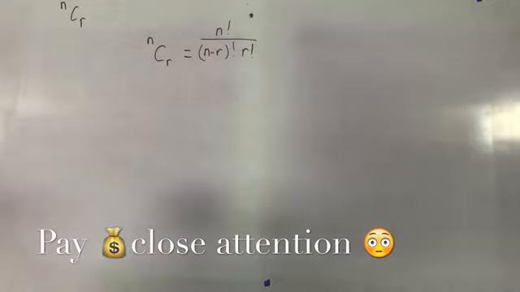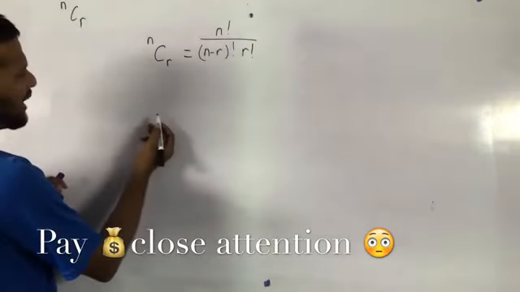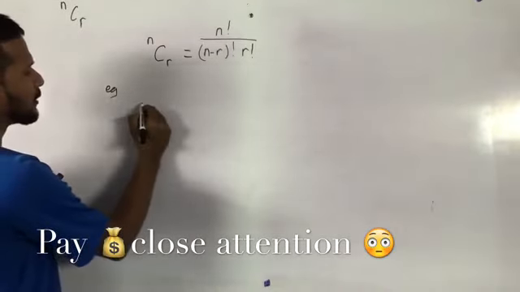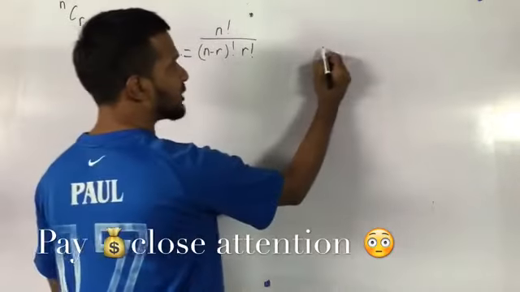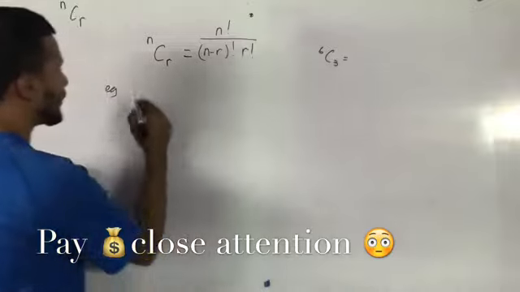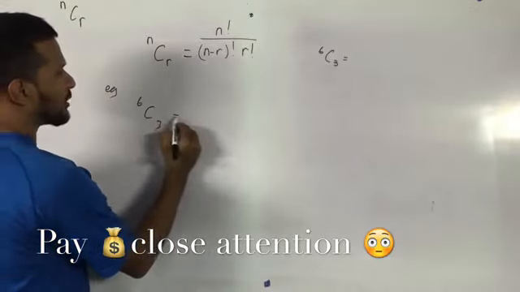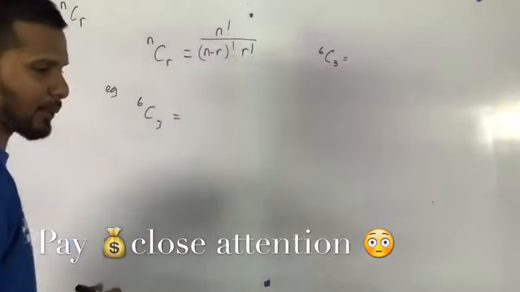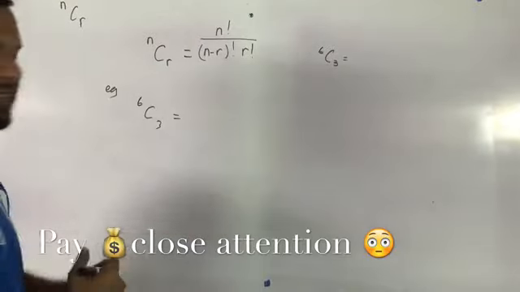So nCr. Let's say now we wanted to find, you'll remember, 6C3. Let's see if we can find 6C3. As far as we were looking in our table, it was 20, I think.